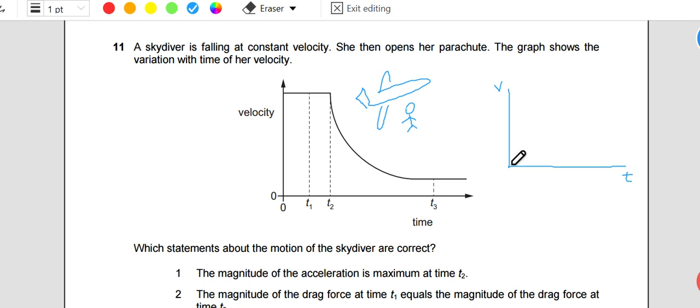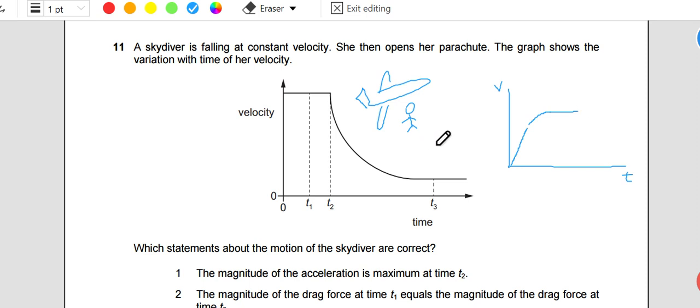Before opening the parachute, we have a linear increase of velocity and a decrease in the rate of this increase because resistance rises up until they are equal, and this is the first terminal velocity.